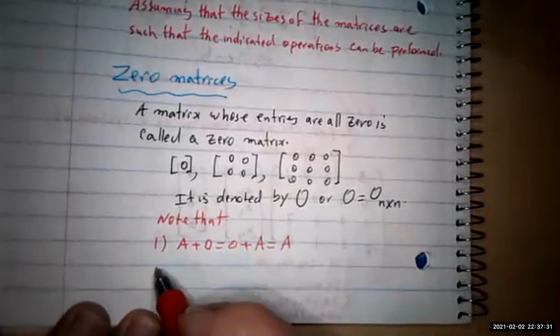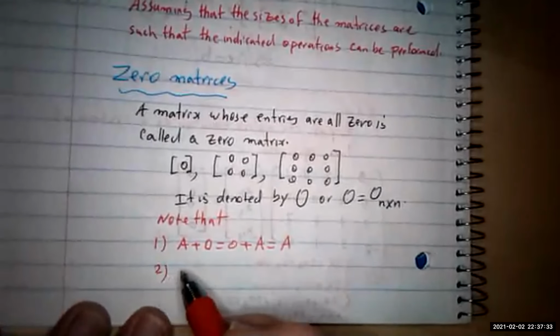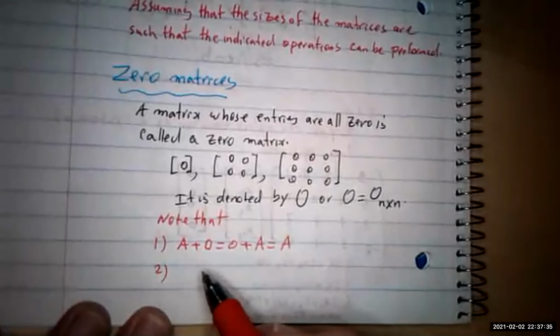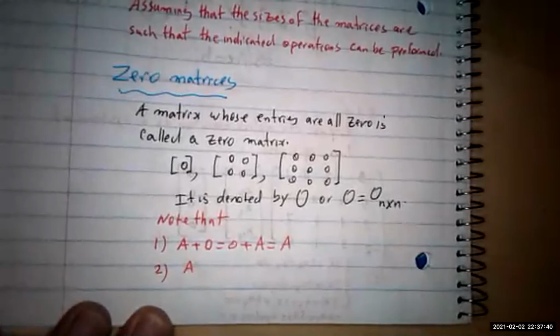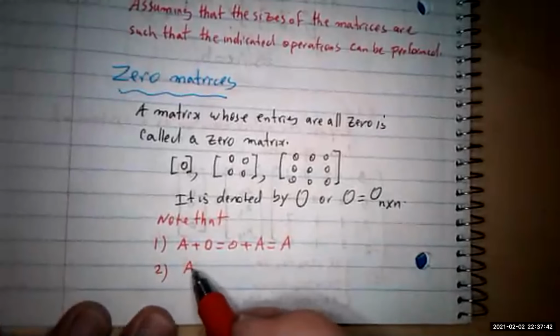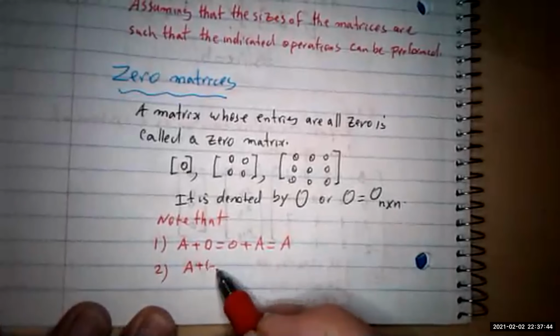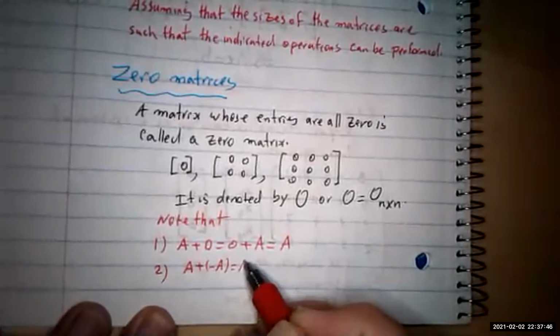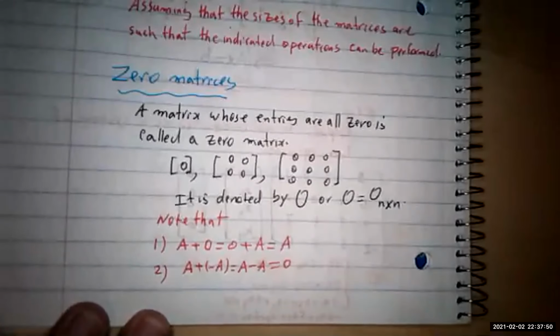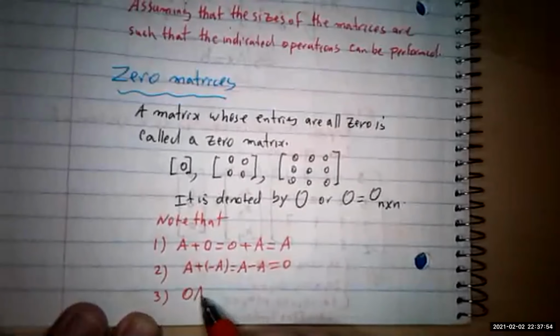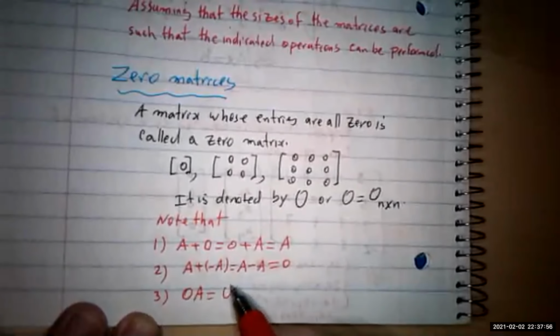And how are we going to define A minus A? You can have a positive A, so A plus negative A, which is the same as A minus A, is equal to the 0. If you multiply the 0 by any matrix, it is going to be 0.